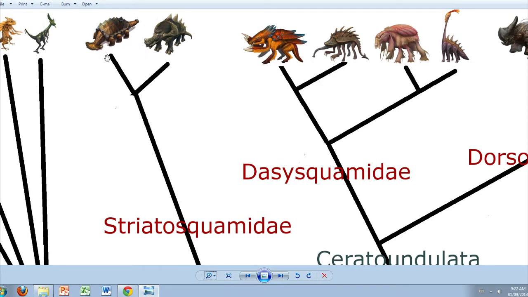Here all that's left are a herbivore and a carnivore. So that again points to the fact that these were perhaps once much more diverse. And they're also both quite large in size.